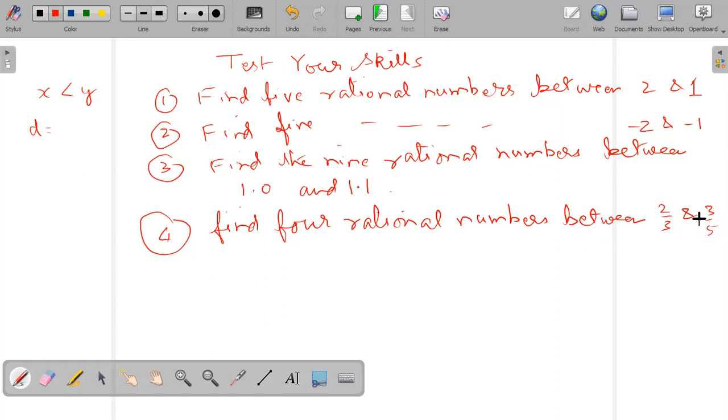Here also, 5 3s are 15, 3 3s are 9, 15 is greater, so this is greater, x is greater. So you have to write the smaller on the left side.